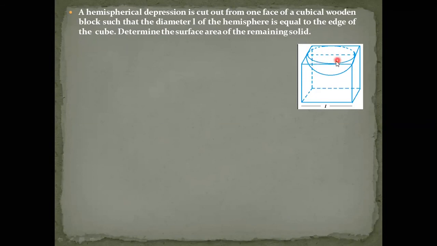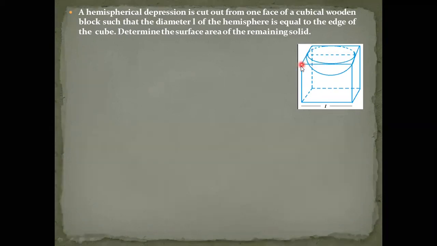So the same way, total surface area of this cuboid minus the curved surface area of this hemisphere, and this will be again an extra surface. So we have to subtract because we are taking the total area of this side.